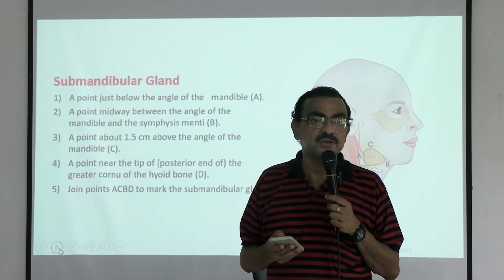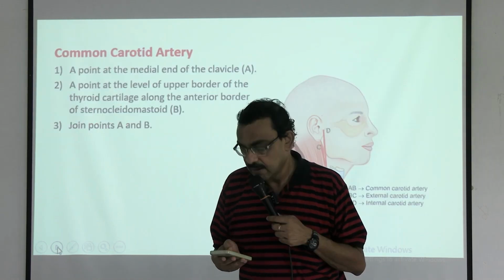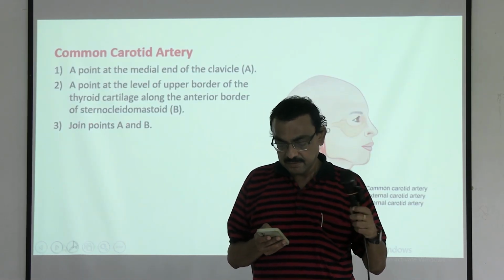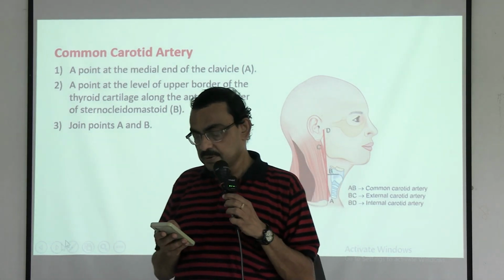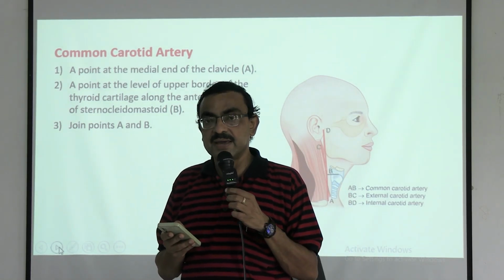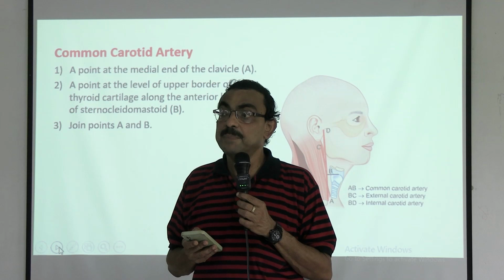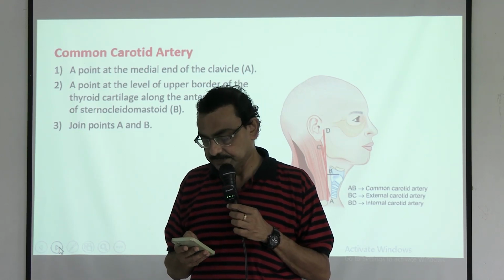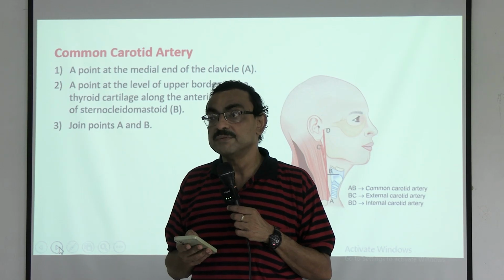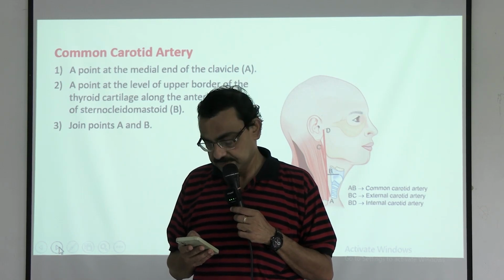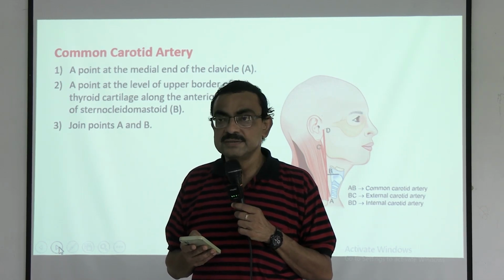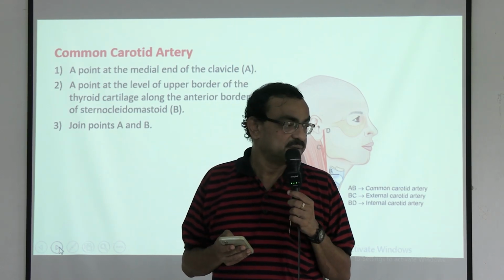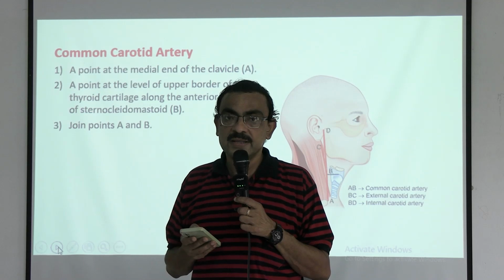Number 7, tip of 7th cervical spine. Number 8, infraorbital foramen. Okay, these are the points.